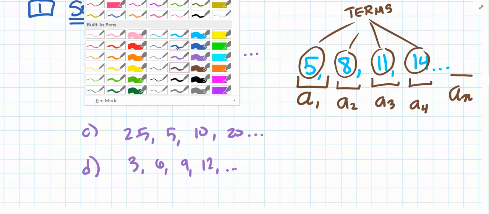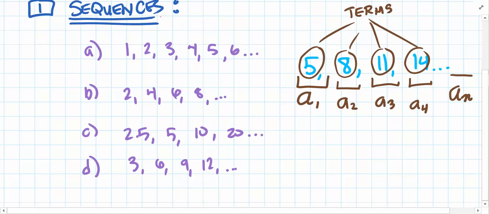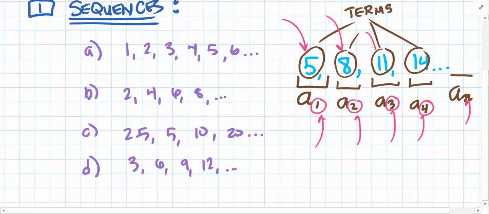The domain for a sequence is these positive integers, 1, 2, 3, 4, and so on, n. The inputs are 1, 2, 3, 4. The range is the outputs, these numbers up here: 5, 8, 11, and 14.